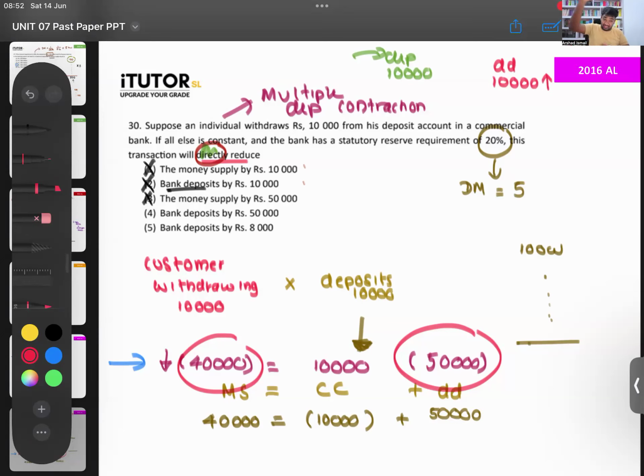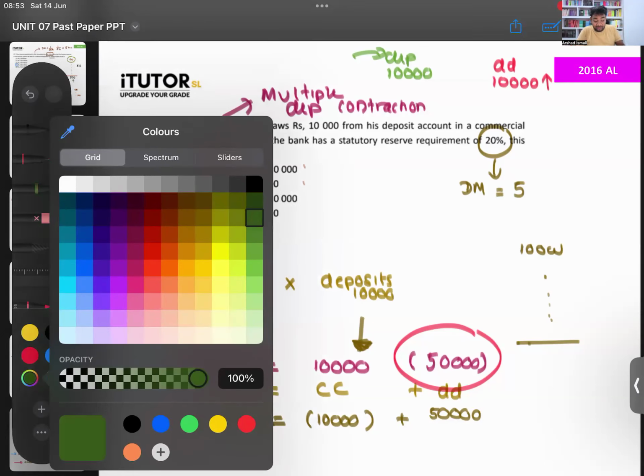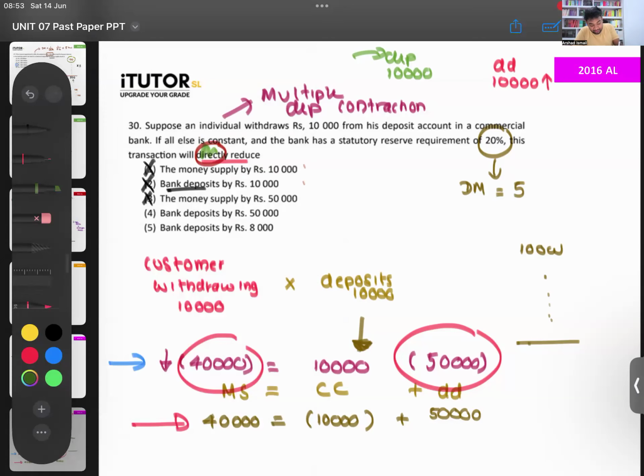Then after that, once credit creation starts, this whole thing that I explained comes into play, where demand deposits will start multiplying. Then same story, if a customer withdraws 10,000, what is the direct, very first thing that will happen?